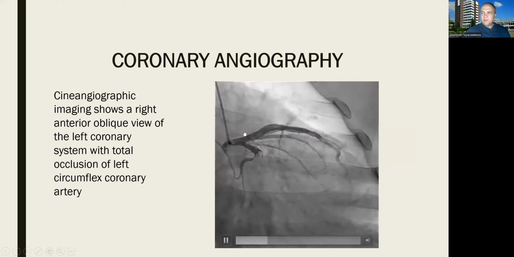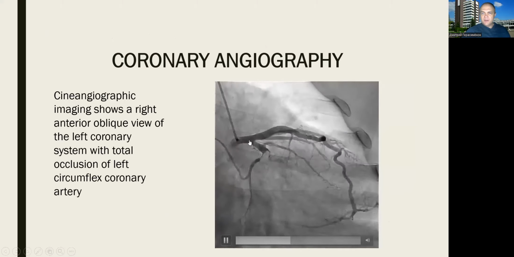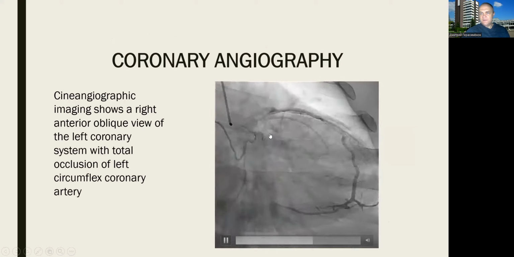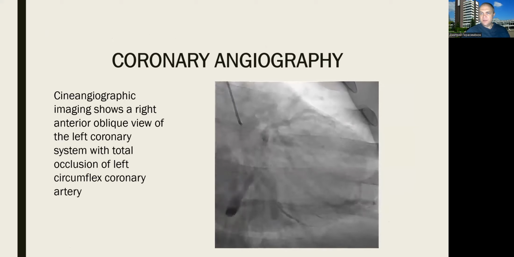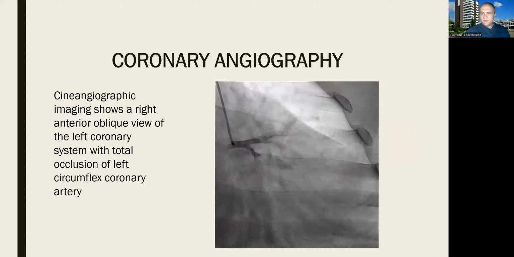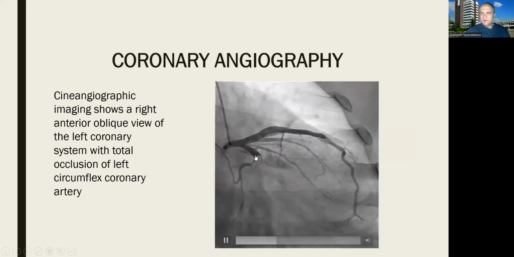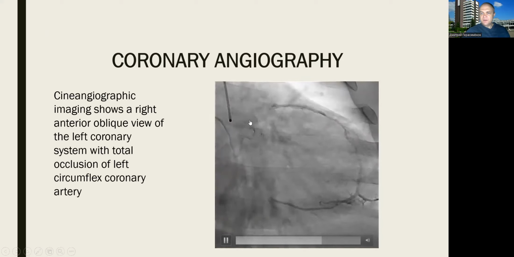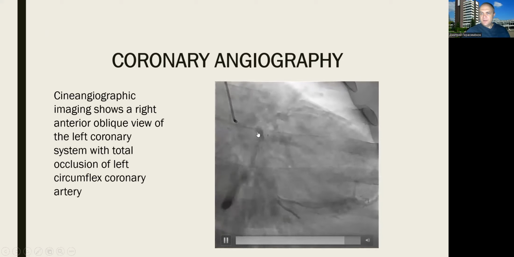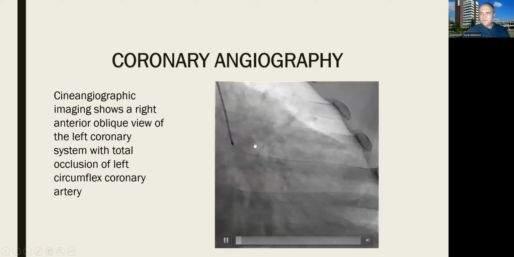This is real-time coronary angiography. This is cineangiographic imaging, showing a right anterior oblique view of the left coronary system with total occlusion of the left circumflex. Here is the occlusion of the left circumflex coronary artery.